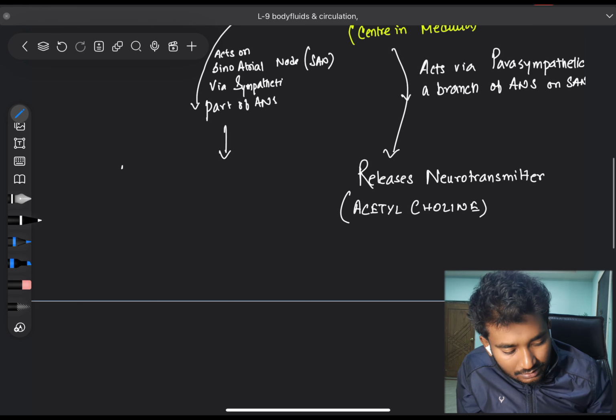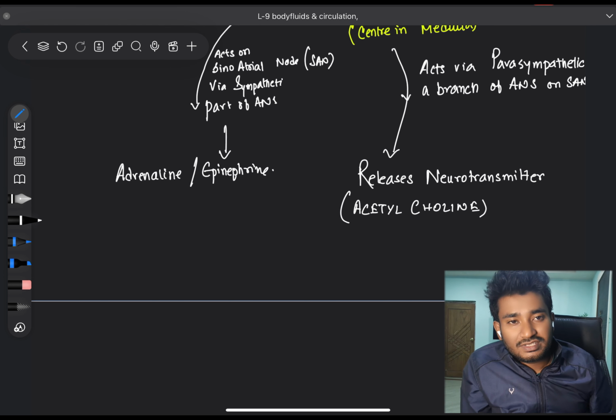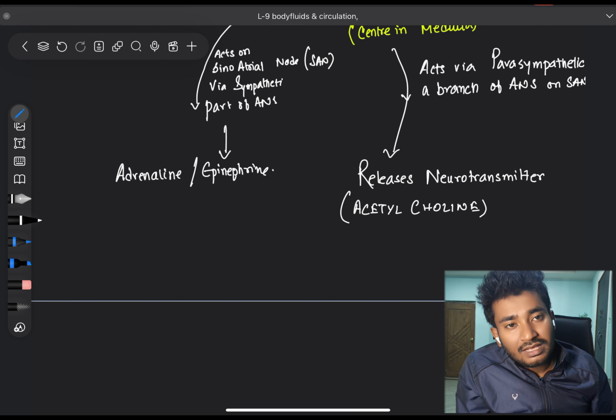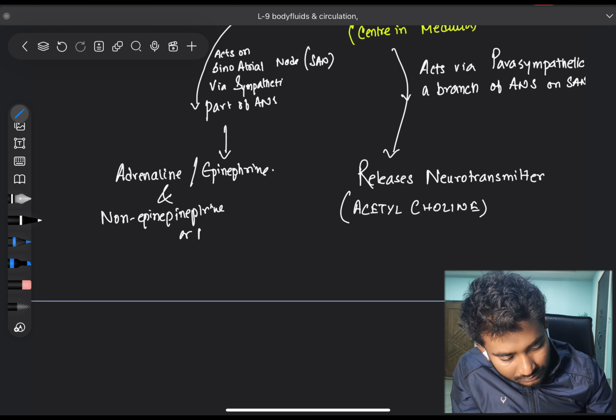These are the vasoconstrictors, or the inotropes. And norepinephrine or noradrenaline.